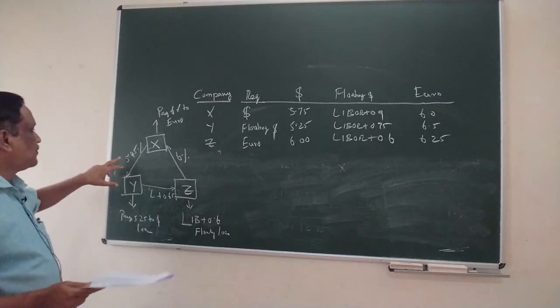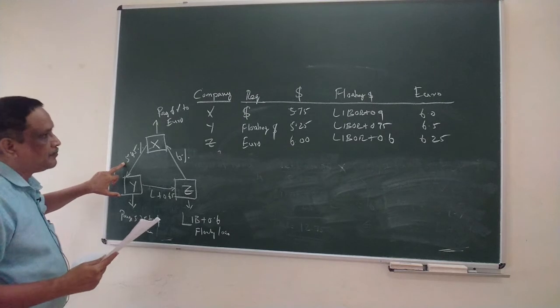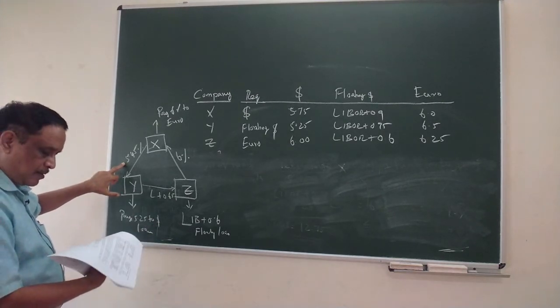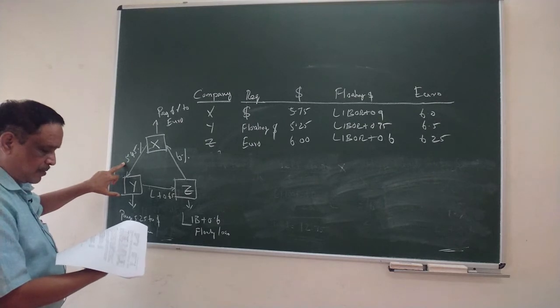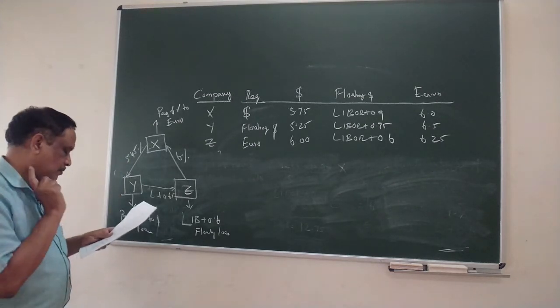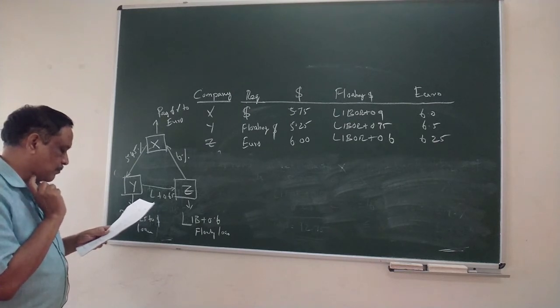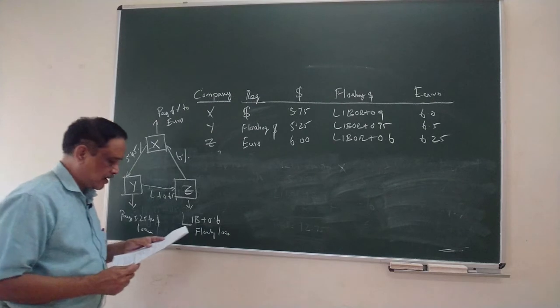Okay, 5.45 is the rate for X. You will see how this is done, right?